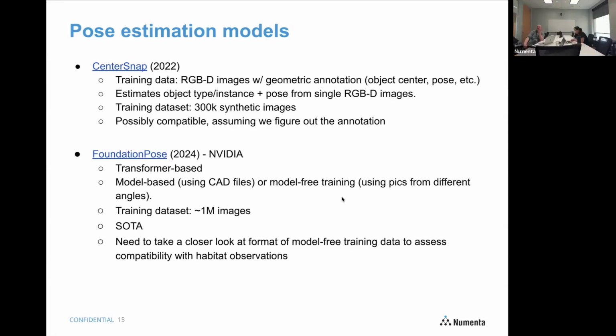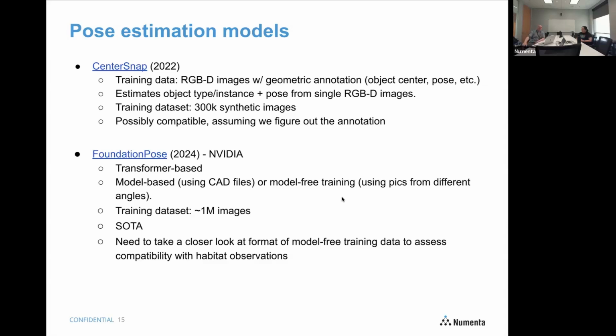I think it takes single RGBD images for inference. It's pretty fast. You can do it in real time. You can click on these links and get the demonstrations. I wouldn't call it continual learning. It's not going to keep adding to its database of objects, but it does have the ability to estimate pose of novel objects just by associating with the category.